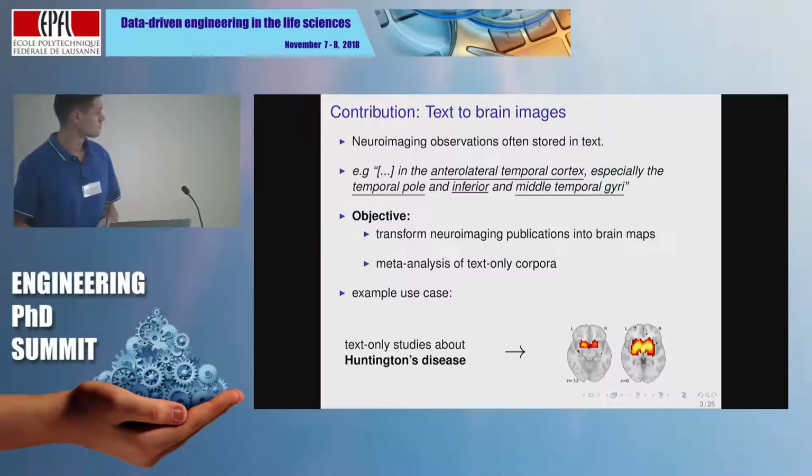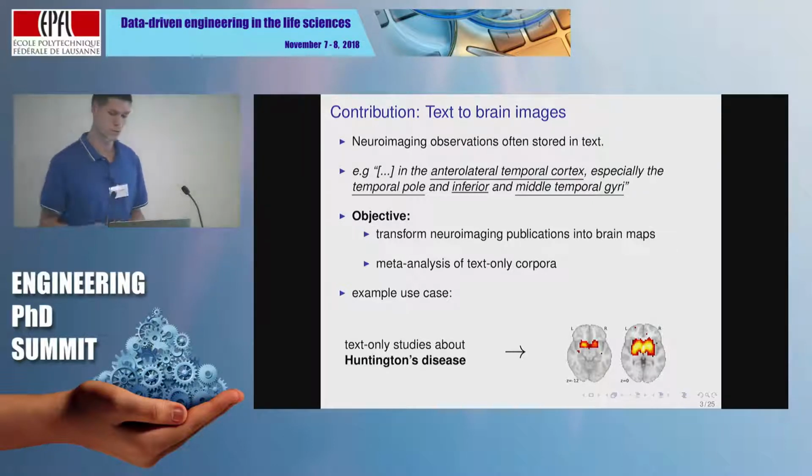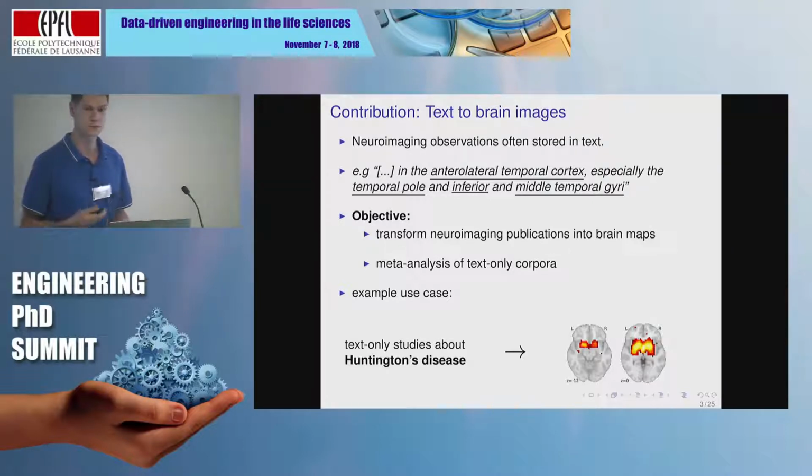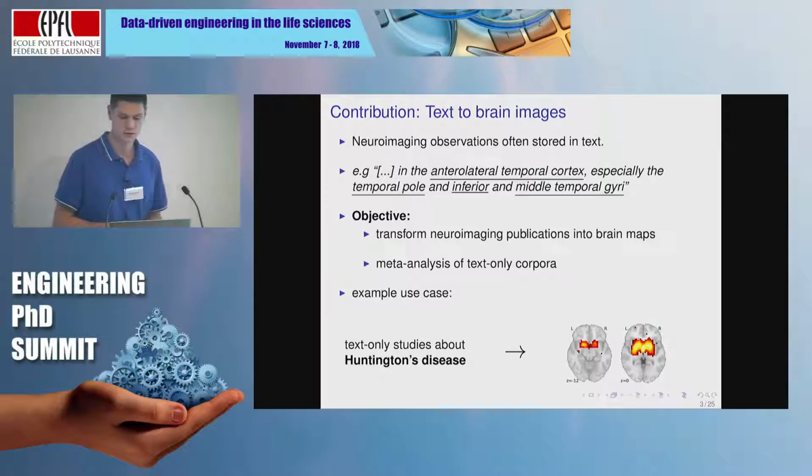So, for example, one way to use this would be to collect many articles that mention Huntington's disease and transform them into brain images, and then see how the spatial distribution of these brain images differs from some null distribution, to see which regions get mentioned very often when we study Huntington's disease.